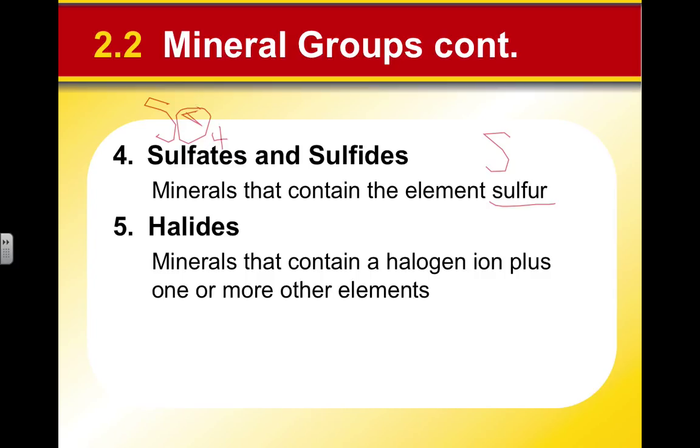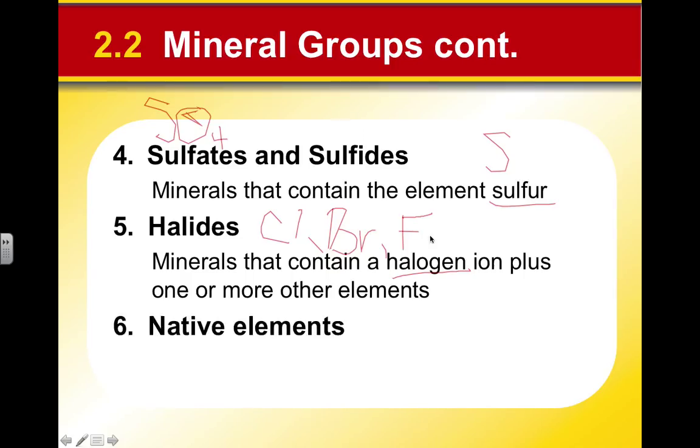Halide, okay, with halides, you have the presence of a halogen. So a halogen could be chlorine, it could be bromine, it could be fluorine. And we'll practice this with the Socrative so you know what I'm talking about.